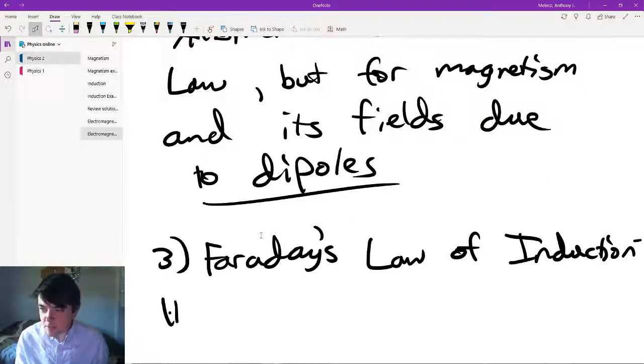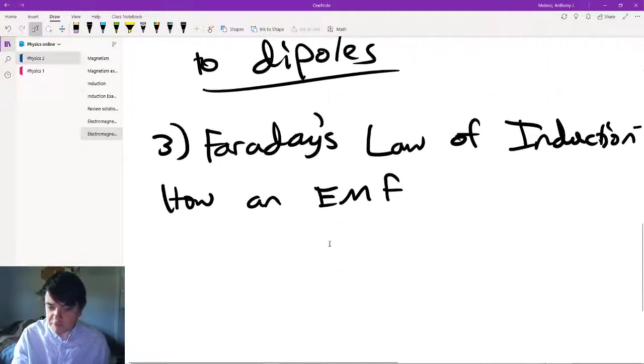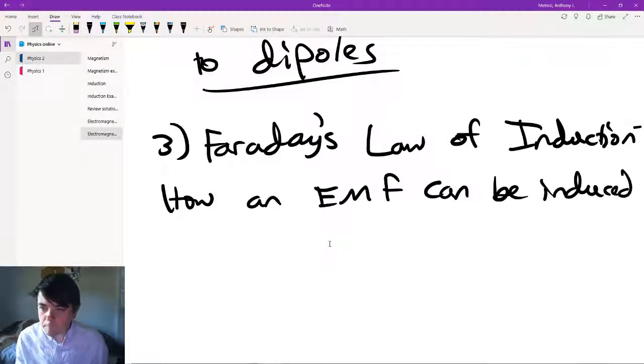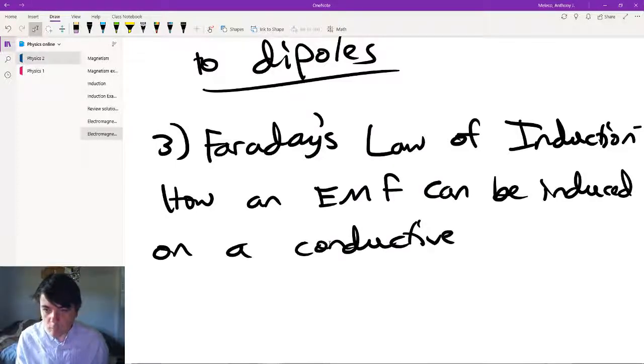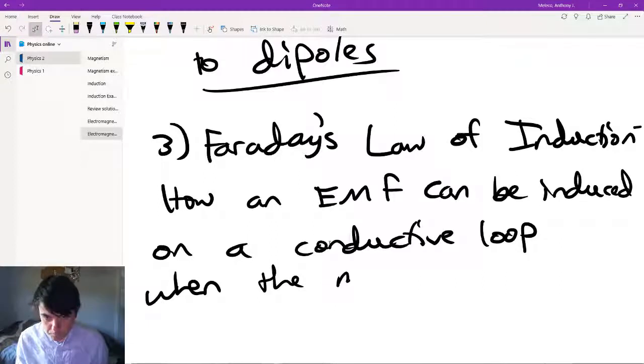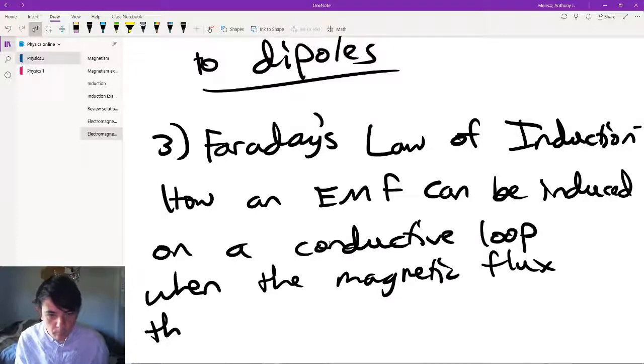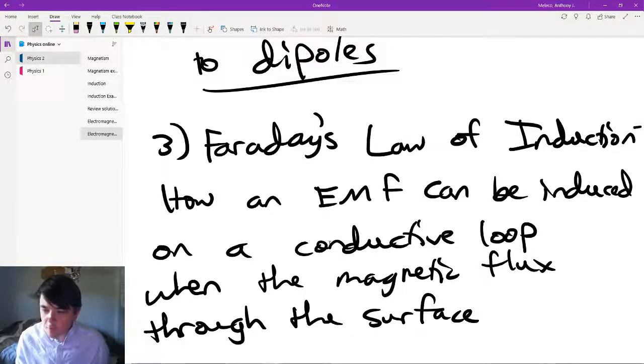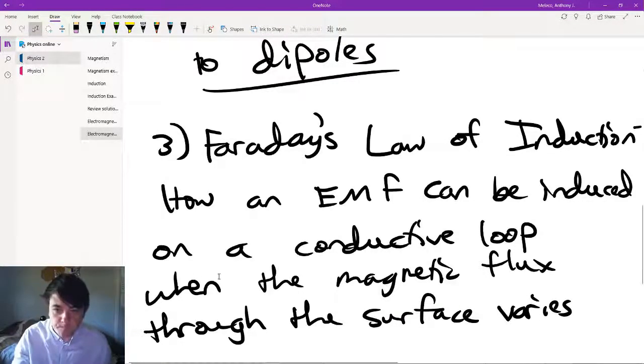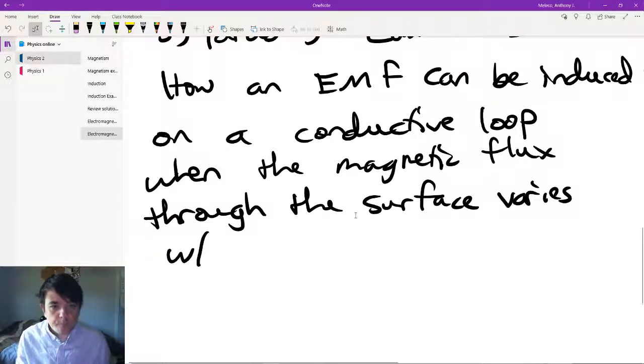What this is, is how an EMF, or electromotive force, similar to a voltage, can be induced on a conductive loop when the magnetic flux through the surface varies with time.